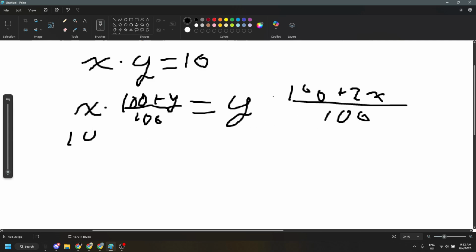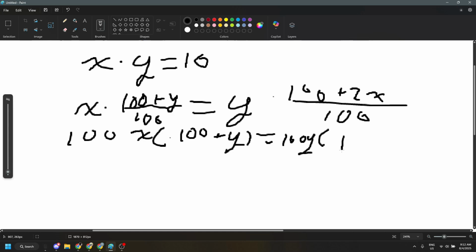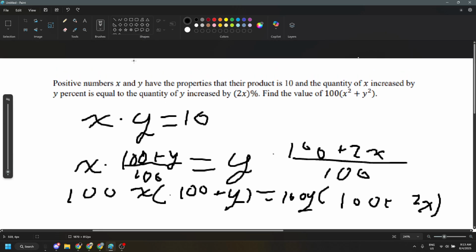Here I'll multiply everything by 100, so 100x times 100 plus y is equal to 100y times 100 plus 2x. Okay. Now I get it.